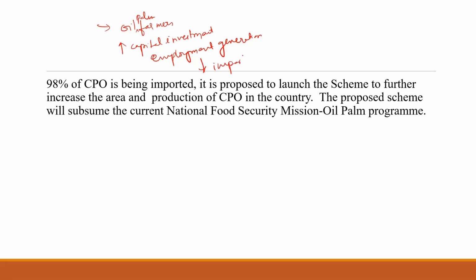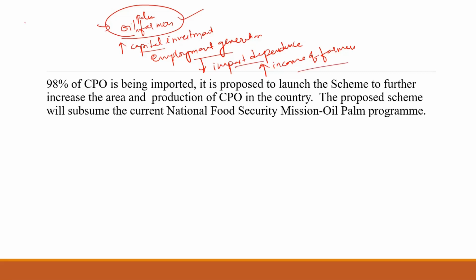The main thing we are working on now is to reduce dependence on imports, and it will increase the income of the farmers. So the first people to benefit are the palm oil farmers. Capital investment will increase, employment generation will be more, import dependence will reduce, and farmers' income will increase. These are the benefits of this scheme.